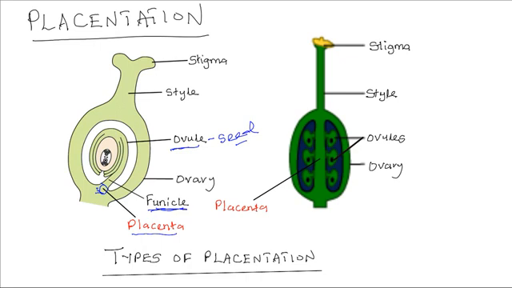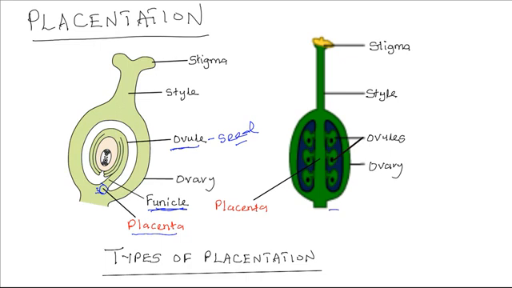That is, placentation refers to the arrangement of the ovules in an ovary of a flower or the arrangement of seeds in a fruit. There are different types of arrangements. That is, there are different types of placentation in plants. So here you can see this depending on the arrangement and the number.